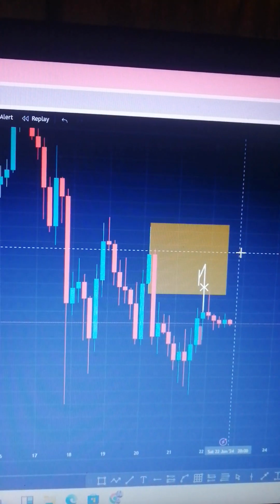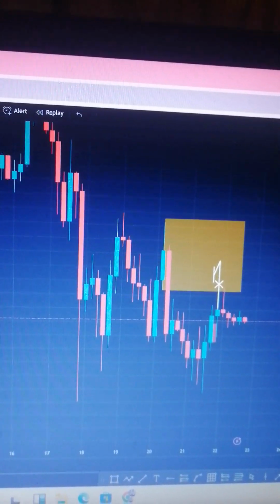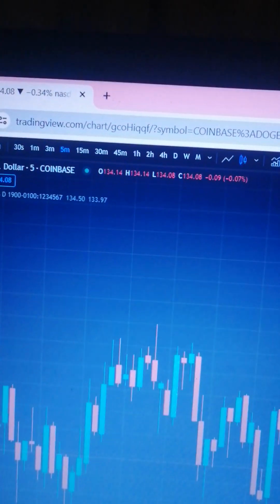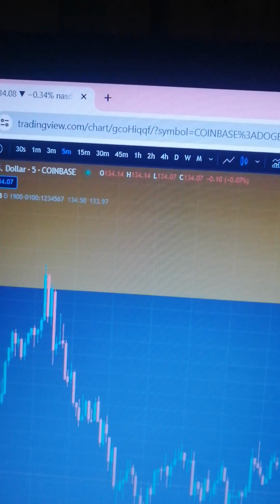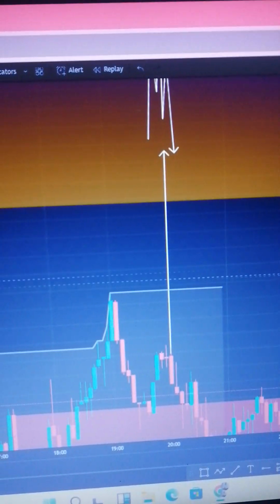Then if we go on 5-minute time frame now, that's where I drew this white line from this arrow.